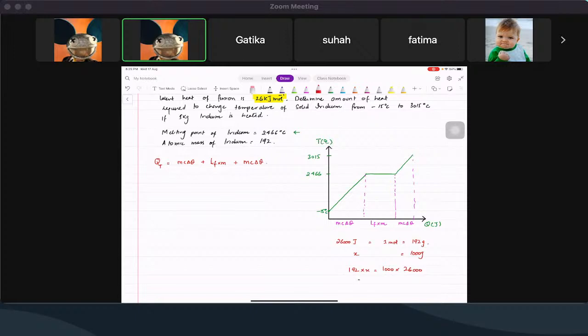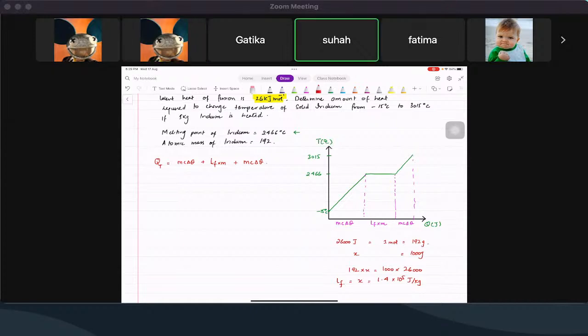This is going to get me 1.4 times 10 raised to power 5 joules per kilogram. Is it clear, everybody? So now I have learned how to change latent heat of fusion from moles to kilogram. Any questions?